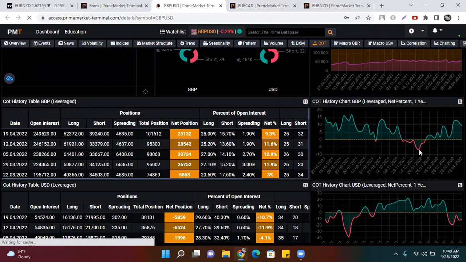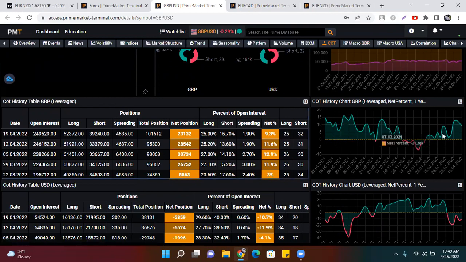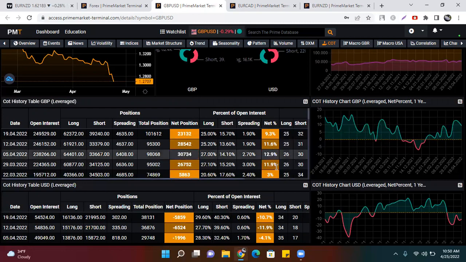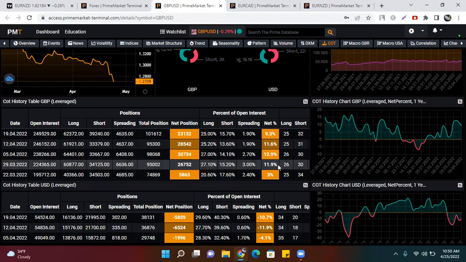Currently, they did go very much net negative right here, and then they started adding bullish lots from basically 12/21, just about Christmas last year, to now. Now you can see the graph is actually going down currently over here, but over the previous weeks they were at net positive 11, positive 12, and then they were positive 12.9, and that was pretty steady.